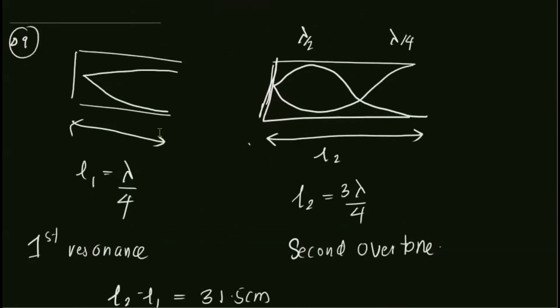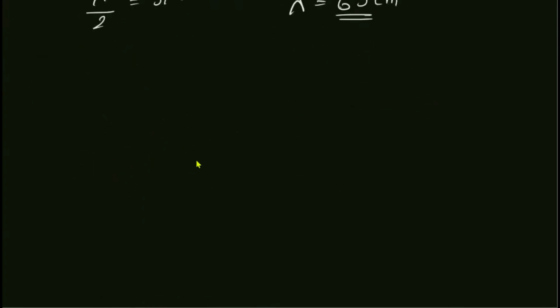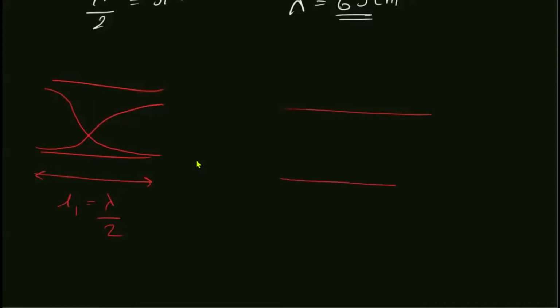Like if it is an open end tube, let's check whether it's the same. L1 is lambda over 2. The second resonance is the first overtone. Forgive me for the drawings, they're not very accurate.